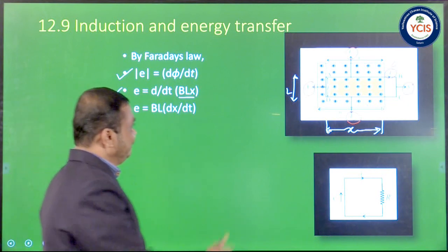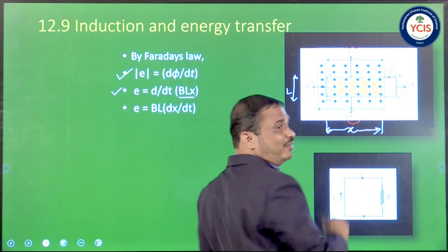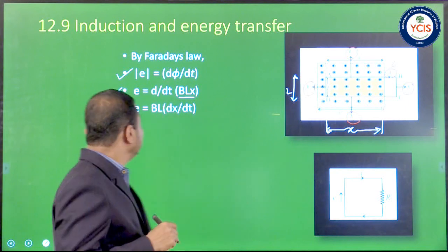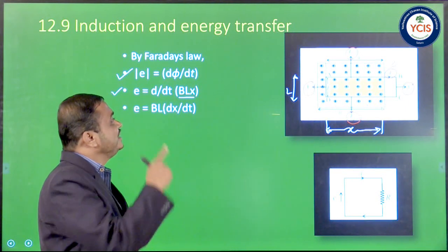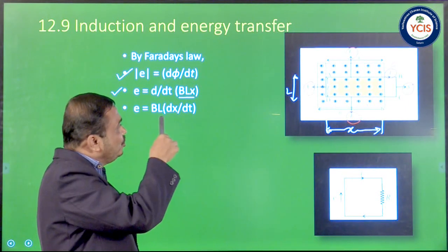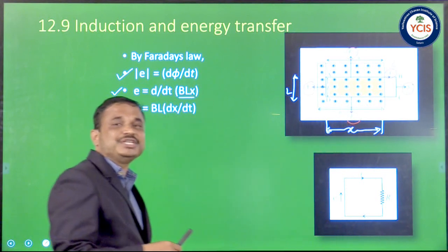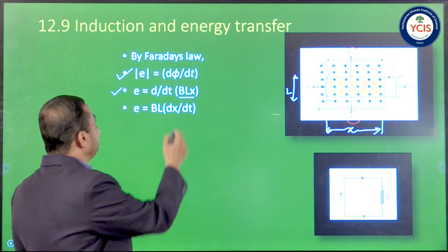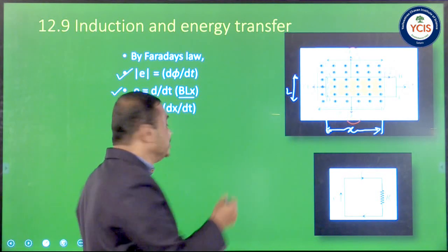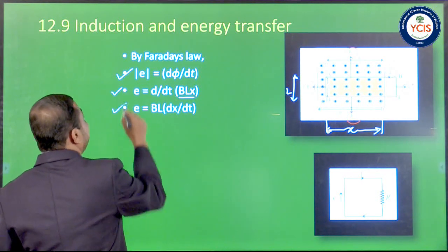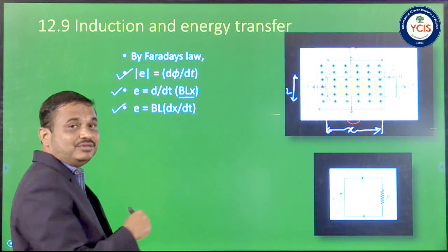Now here B is a uniform magnetic field, indicated by equidistant lines, and L is the length of the conductor. Though we push this loop towards the right, there will be no change in the length L. Therefore B and L both are constant, so we take them outside the derivative sign.